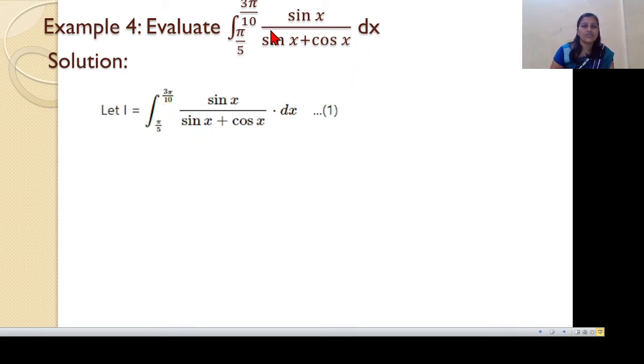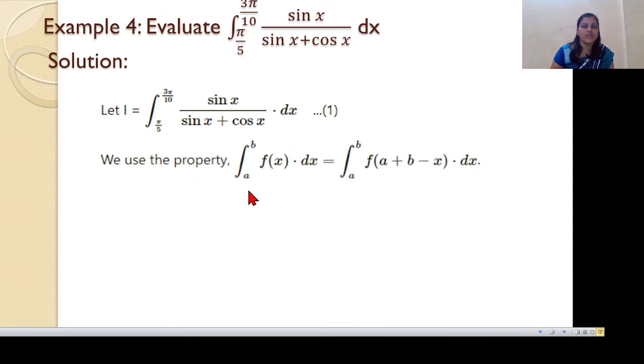Let I is equal to given integral and we call this as equation number 1. And for this example, we are going to use the property integral a to b f of x dx is equal to integral a to b f of a plus b minus x dx.